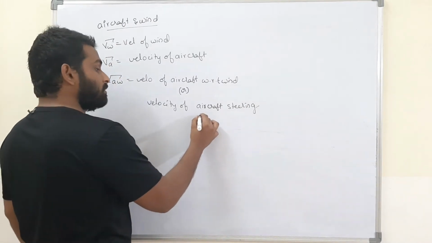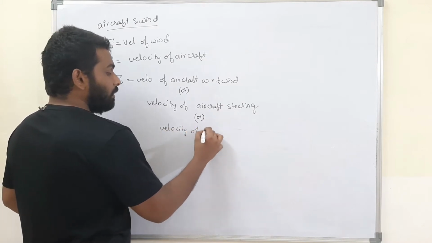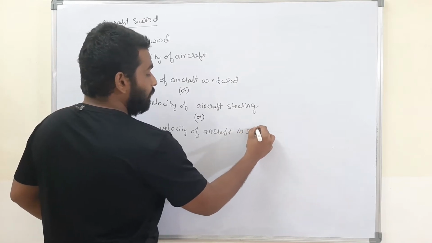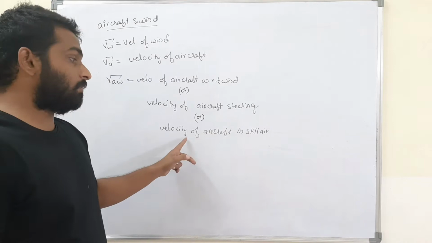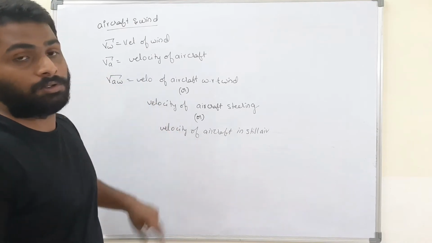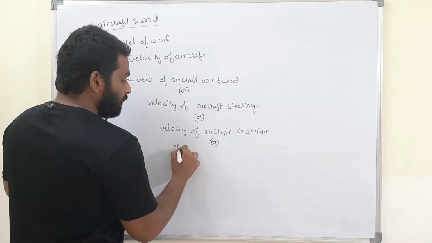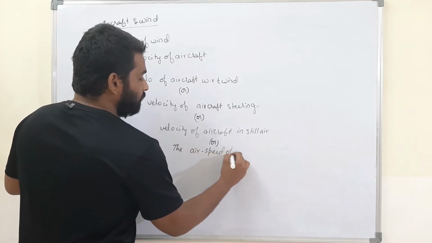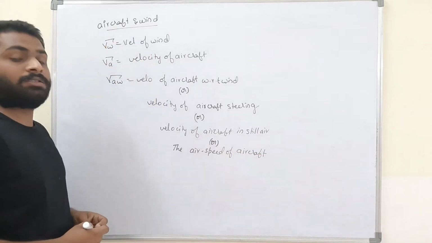Or I can say this one as velocity of aircraft in still air. That means if I assume a still air, then what is the velocity of aircraft? That is nothing but VAW. Or sometimes they will give like this also, the airspeed of aircraft. It is also known as airspeed of aircraft.